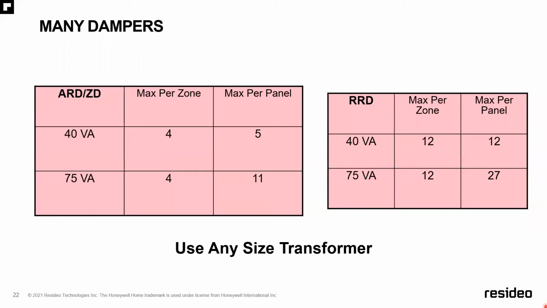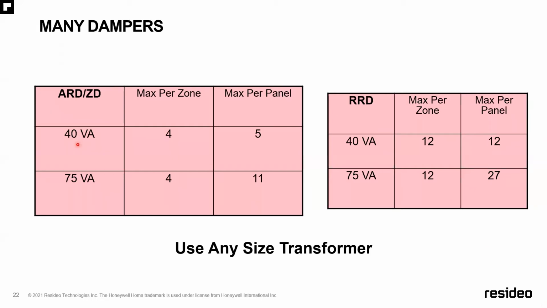Now, we're going to encourage you to use a standalone transformer so that we're not burdening the HVAC system transformer. And so here's a rule of thumb when it comes to putting dampers, the ARD or the ZD dampers, on one of our panels.